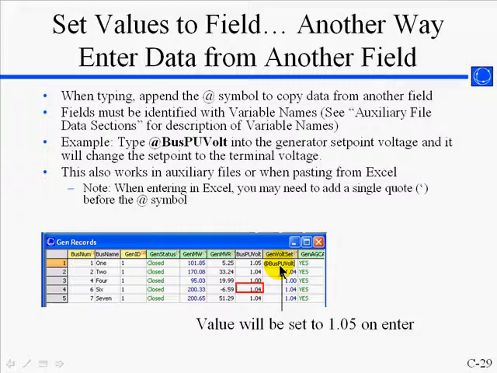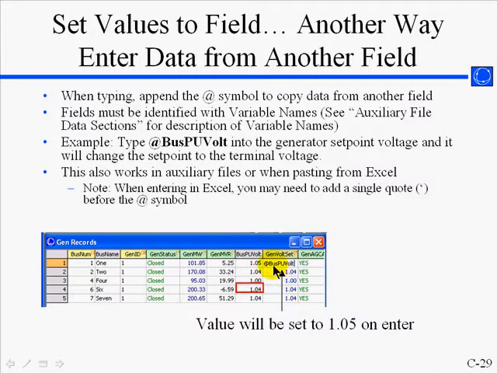But if you use the @ symbol and the variable name, for example, here we're changing the generator voltage set points in the generator record to just be equal to the present value or the present voltage. So if you type in the @ bus per unit volt, it's going to reference the field right here, bus PU volt. And that'll be set to 1.05 when you hit enter.